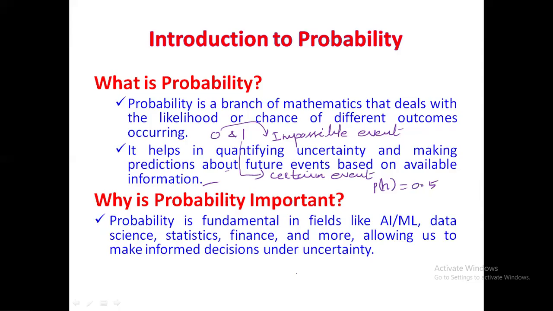In finance, it assesses risks and models market behavior, while in data science, it aids in drawing meaningful insights from data. By providing a mathematical framework for uncertainty, probability enables us to make informed rational decisions and improve the accuracy of predictions in complex systems.